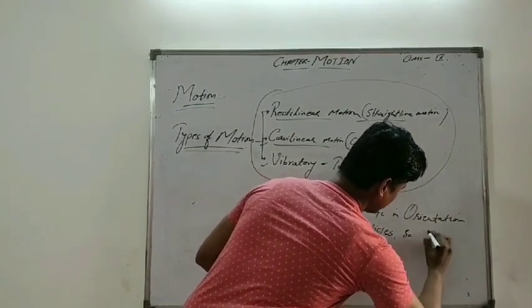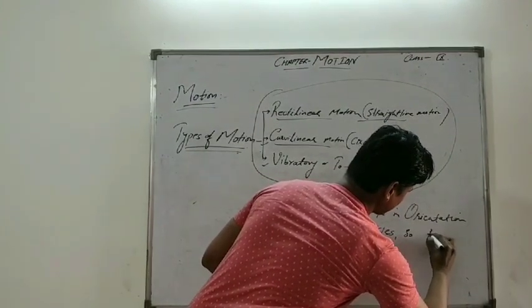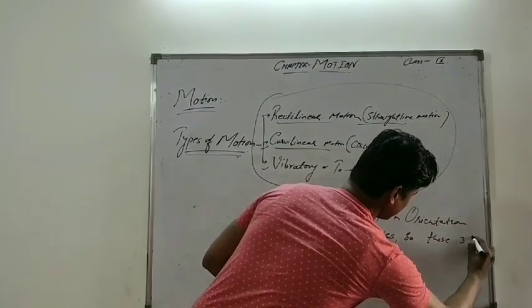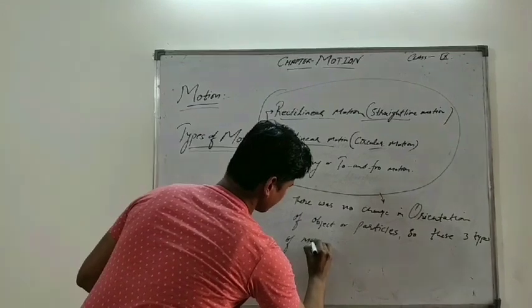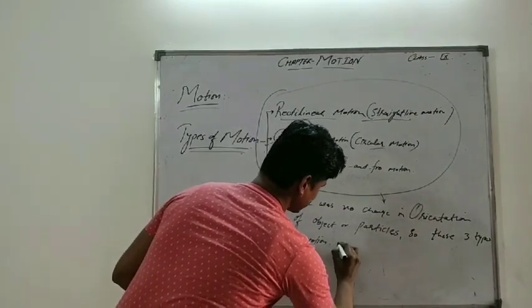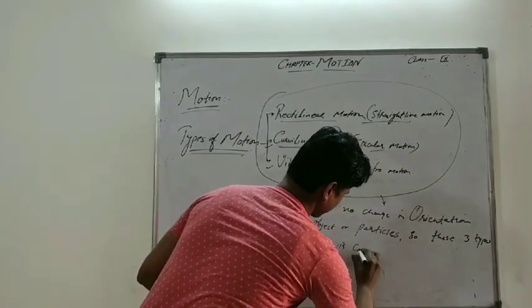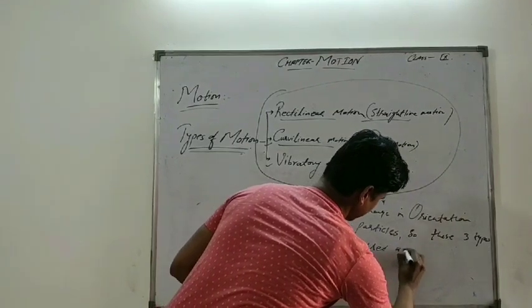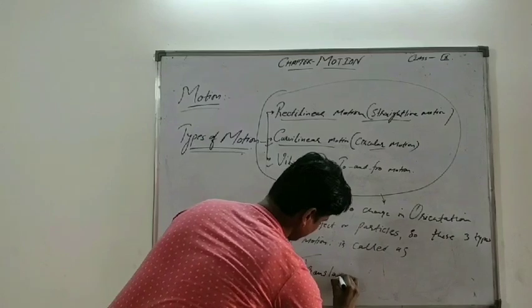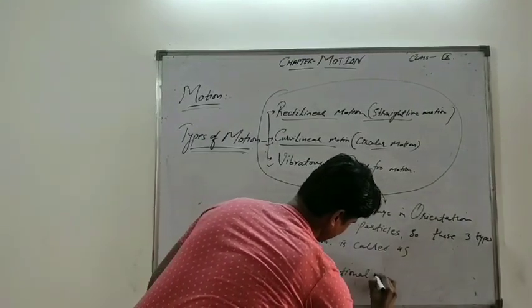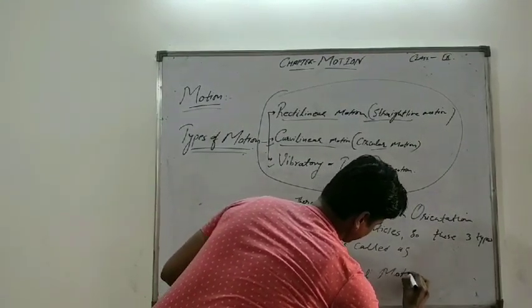So these three types of motion are called translational motion.